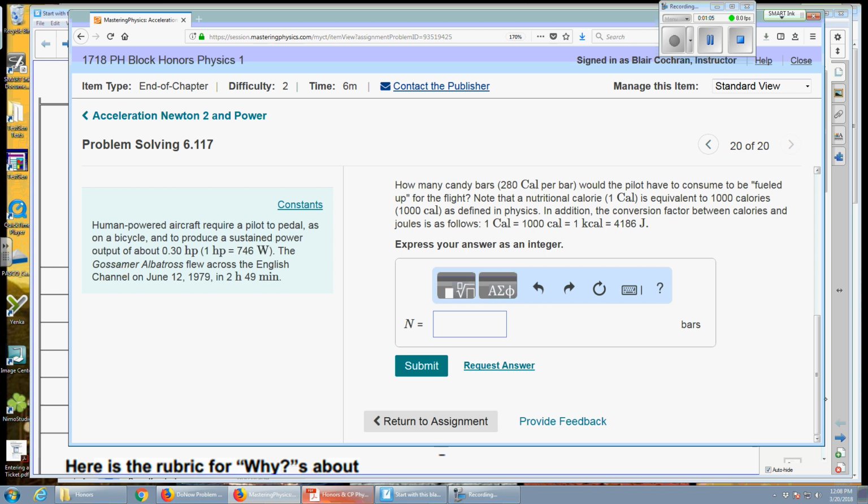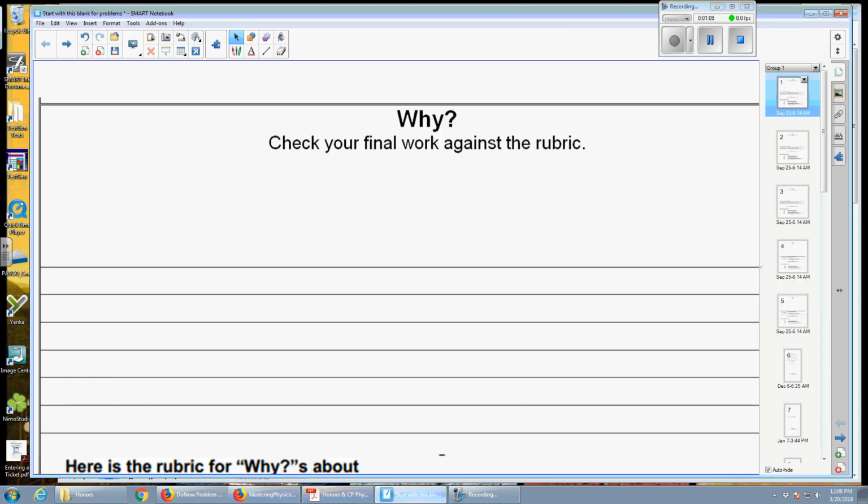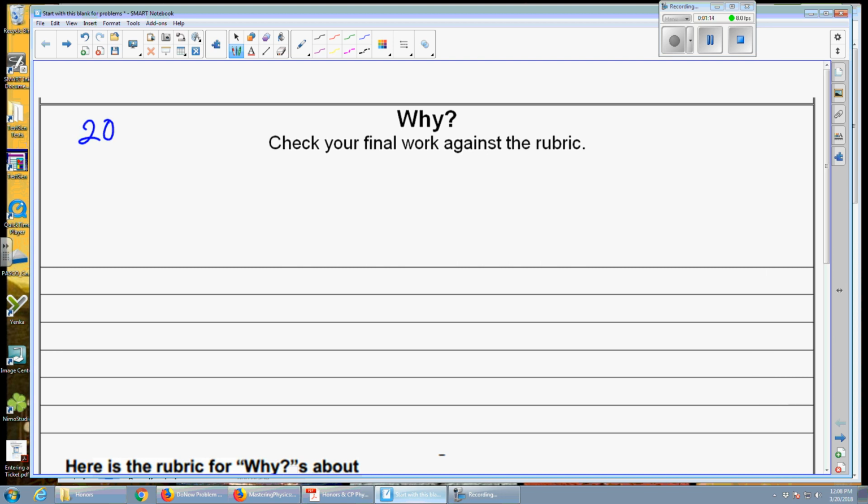All right. So, the root of this is that power is the rate energy is used.